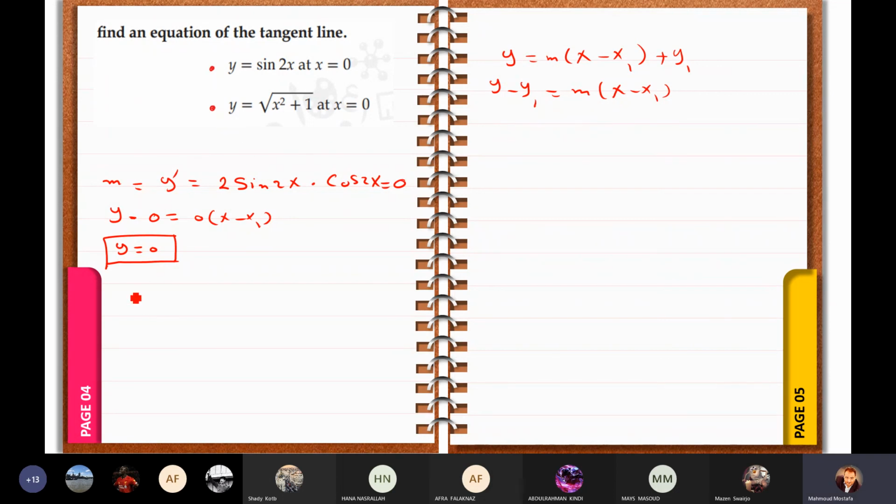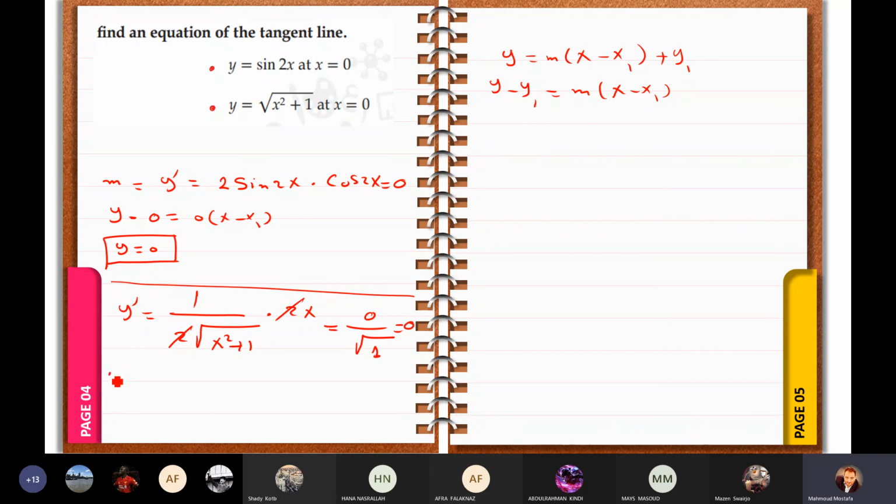Second one. Y prime will be 1 over 2 square root of x squared plus 1 multiplied by the derivative of x squared plus 1, which is 2x. You can delete 2 by 2. And x is 0. So 0 over square root of 0 plus 1 means 0.